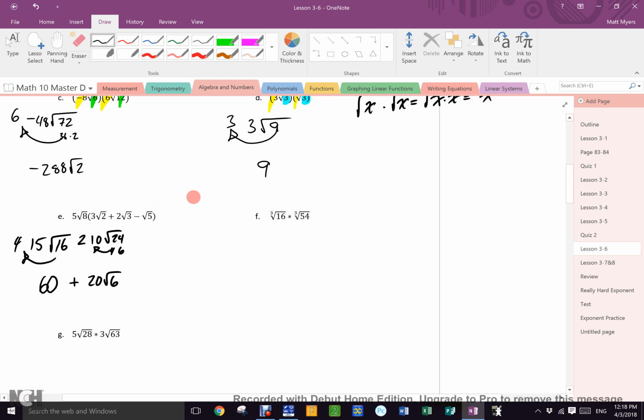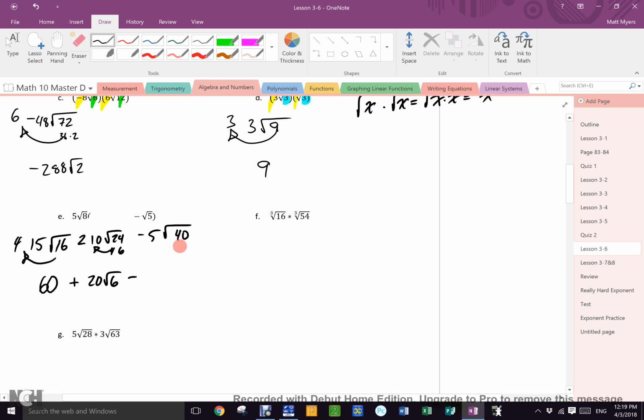Then I got to do this with the last one. 5 times what? 1, because it's negative 5, right? And what's 8 times 5? 40. What would I do with 40? Break it down into what?